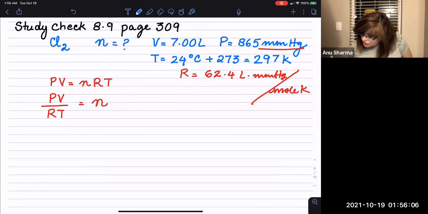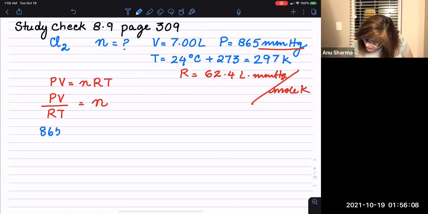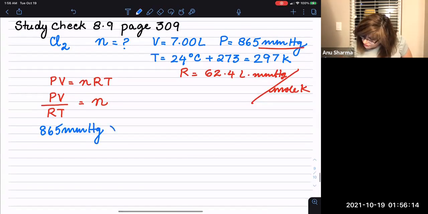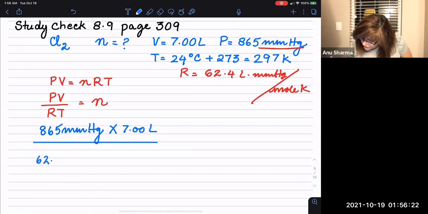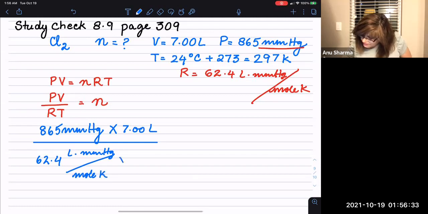Now we have pressure 865 millimeters of mercury times the volume 7.00 liters, divided by 62.4 liters times millimeters of mercury per mole K, times the temperature 297 K, and that is equal to N.